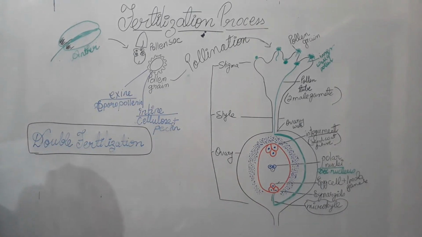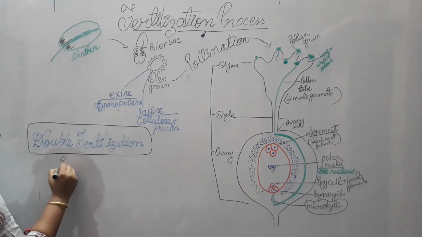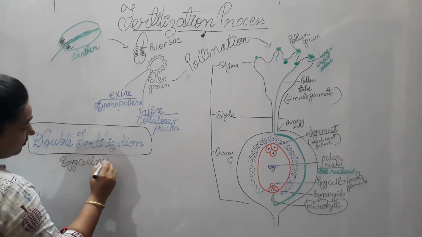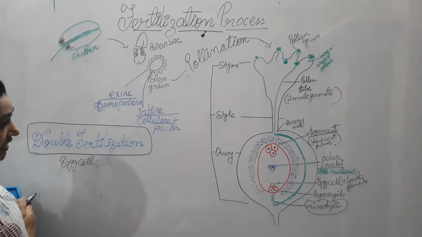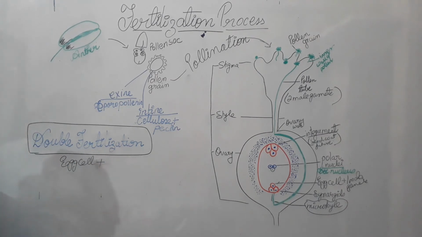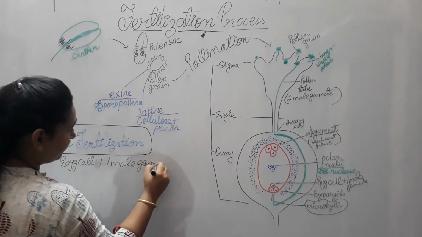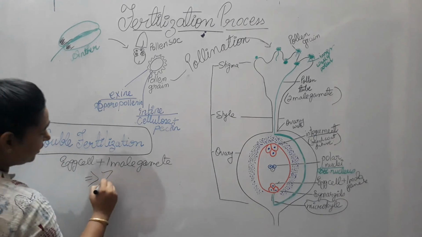In this double fertilization process, the egg cell is going to fuse with one male gamete. This is going to result in the zygote.